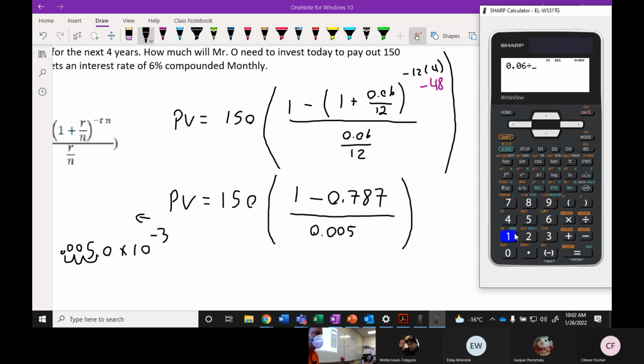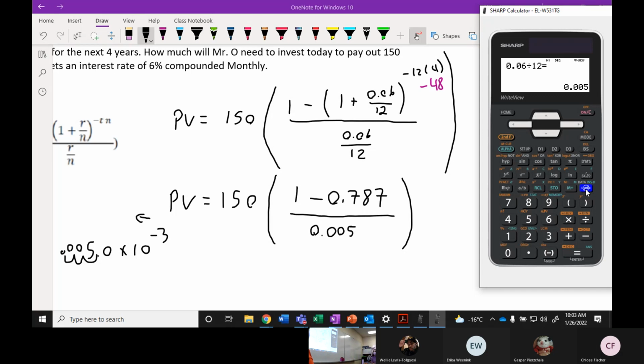I don't want to block the screen for the people. The negative 48 is on that. So do I do this thing first, to the power, and then divide by this and then multiply? Watch how I do it. I'll go with you right now.